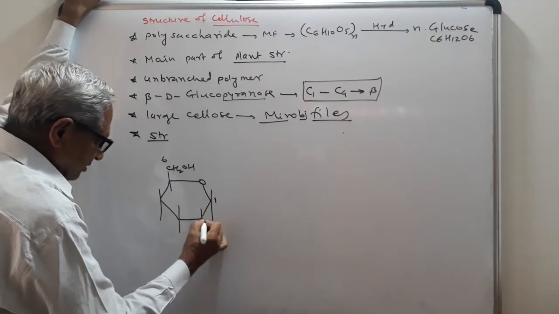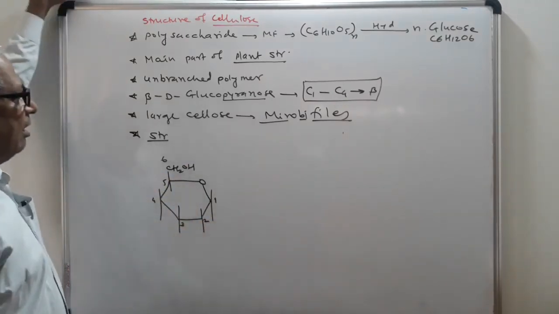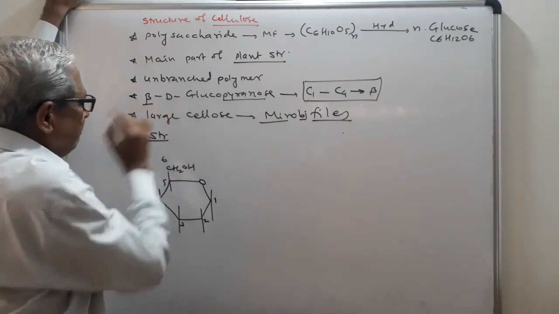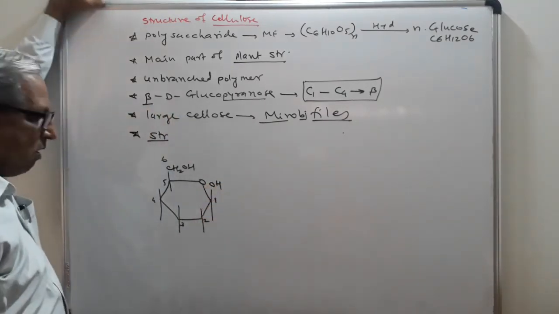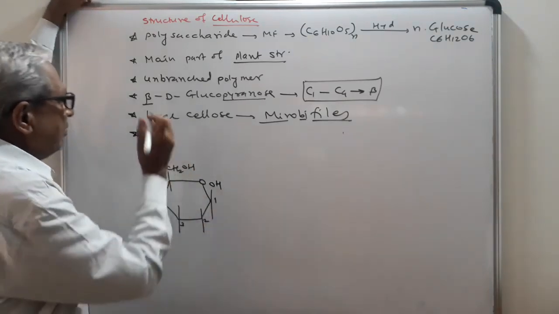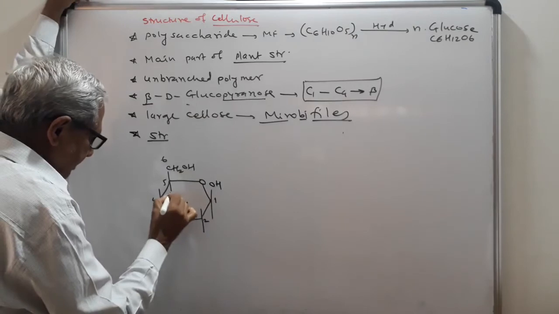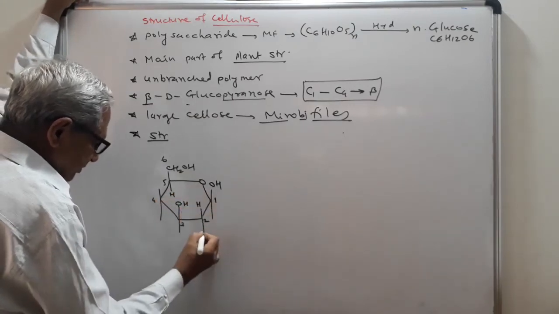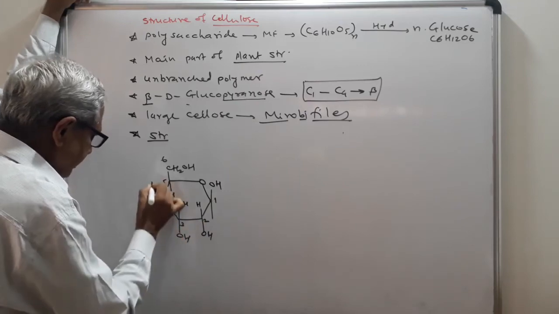This is your 1, 2, 3, 4, 5. Now beta indicates OH group is at the top. So beta D glucopyranose, OH group inside ring on the carbon number 3. Therefore here OH, here OH, here OH and here H.